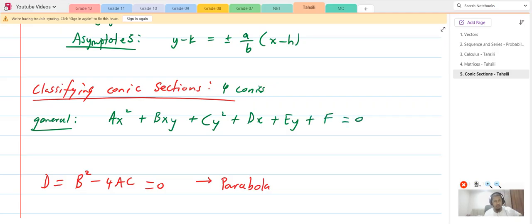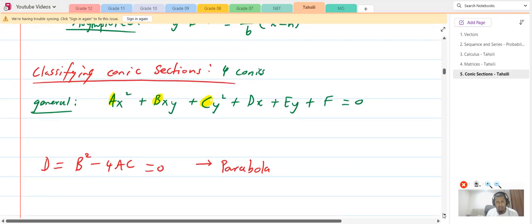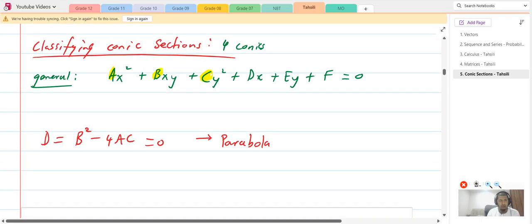You get a constant. We only need to focus on ax squared plus bxy plus cy squared, and then we just do b squared minus 4ac, and if that is equal to 0, we get a parabola.